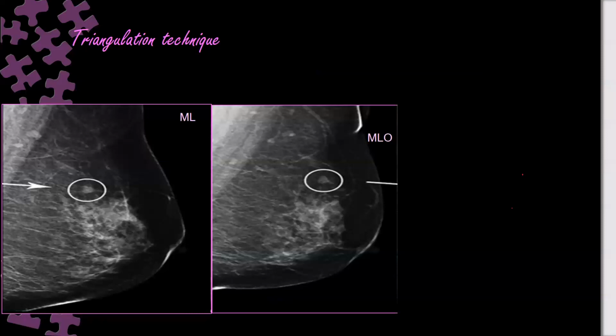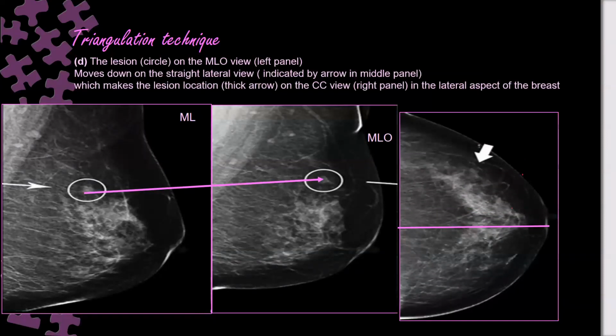Okay, so if we take this, here you see, this is ML first. And this is the MLO. Since the lesion goes down from MLO to ML, what do you expect? To find the lesion laterally.